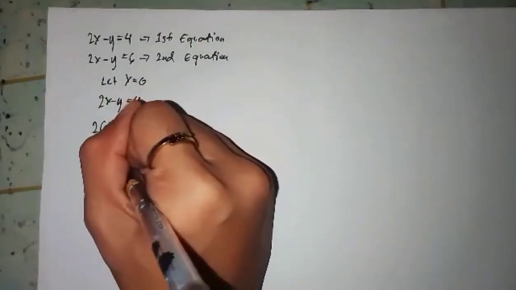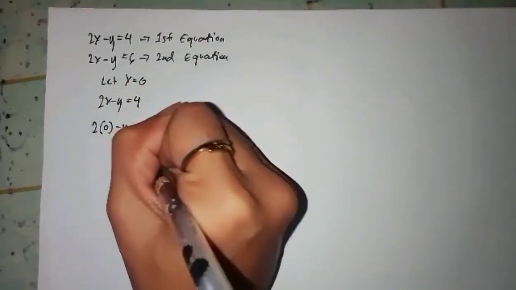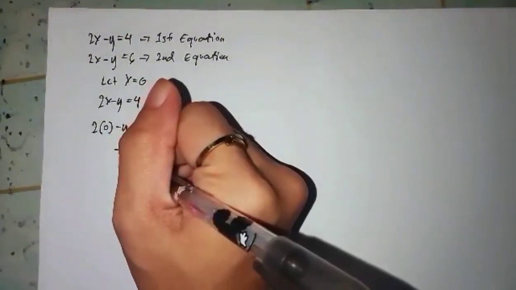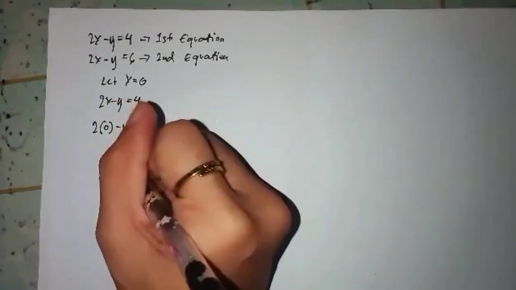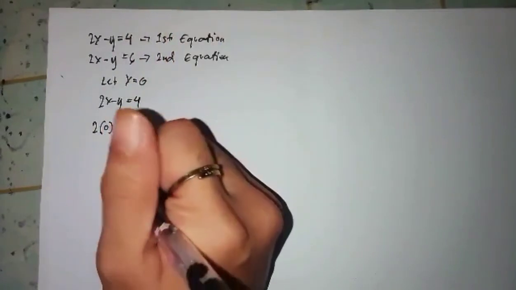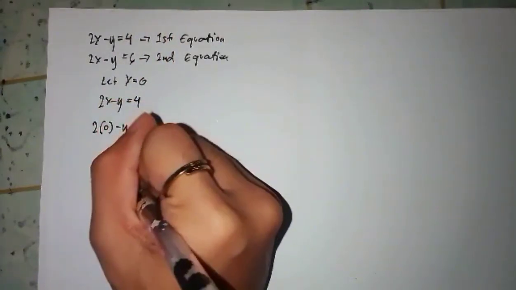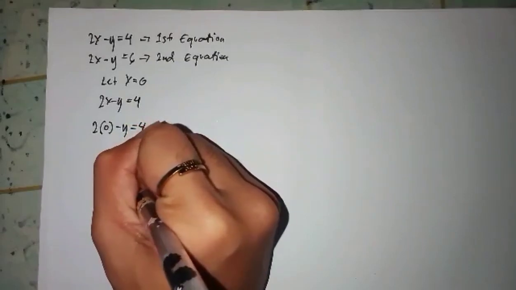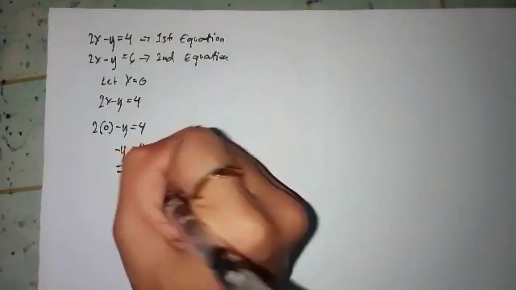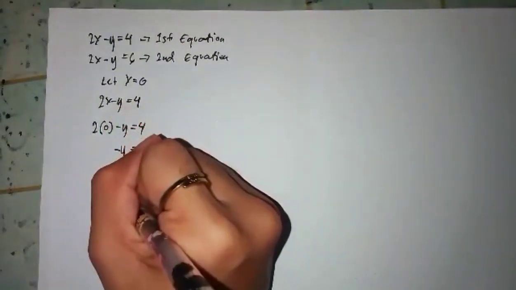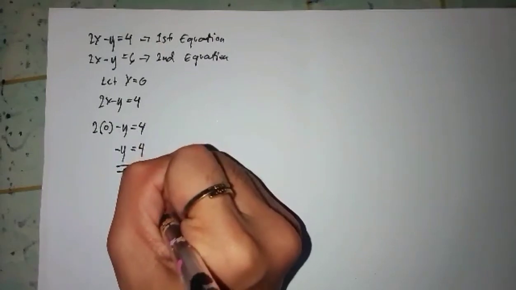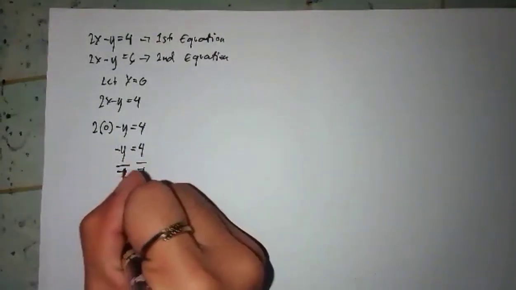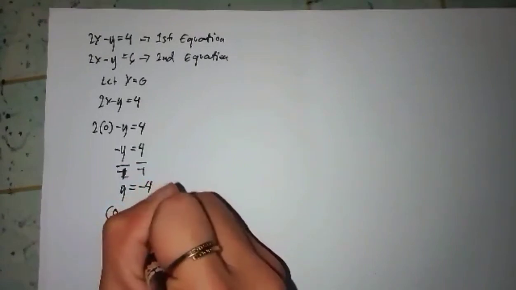What remains is negative y and 4. We cannot leave y negative, so we divide by negative 1. What remains is positive y and negative 4, so it becomes 0 plus 4.